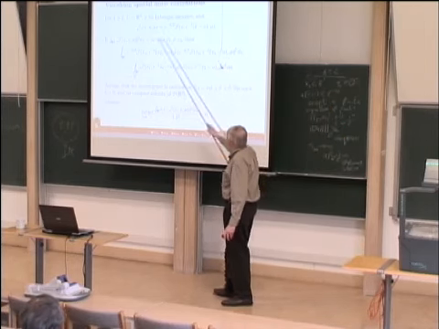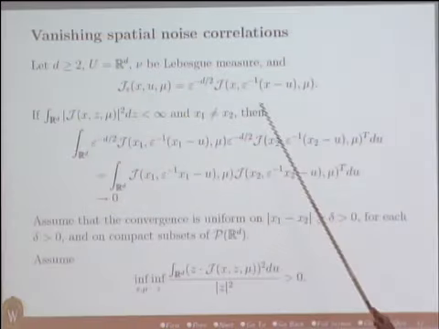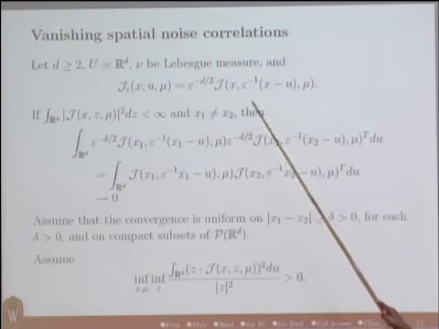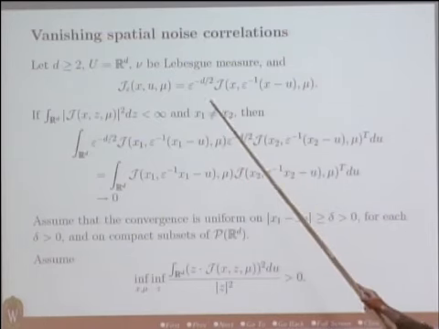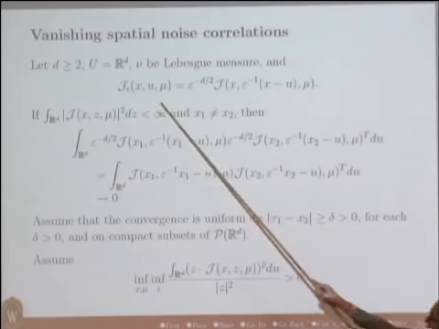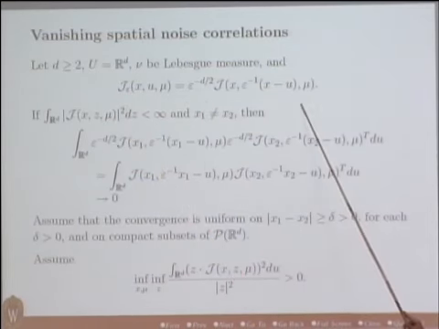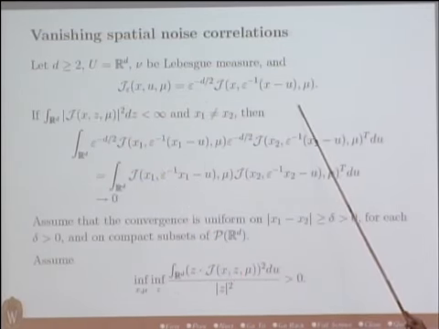Okay, so what are we doing here? We're assuming that this is the diffusion coefficient. And what is this saying? We're saying that these J epsilons are a fixed J that's rescaled in a certain way.